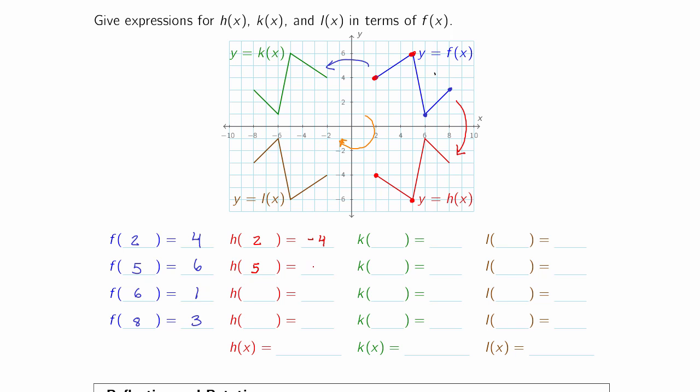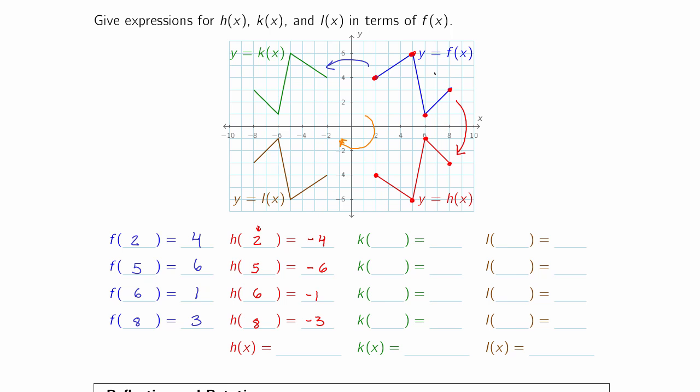So H of 5 is negative 6. 6, 1 becomes 6, negative 1. H of 6 is negative 1. 8, 3 becomes 8, negative 3. So H of 8 is negative 3.